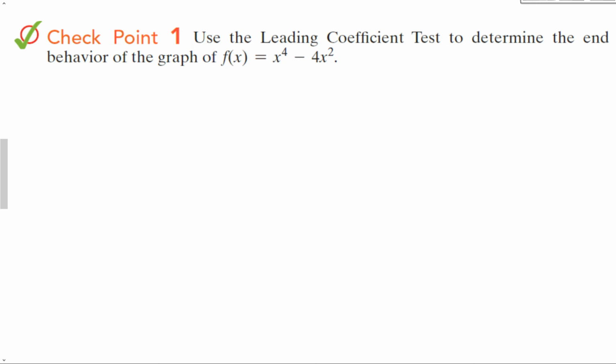Use the leading coefficient test to determine the end behavior of the graph. Well, I look right here. I see that the leading coefficient is positive. I see that the exponent is even, which means that this function rises to the right and rises to the left.